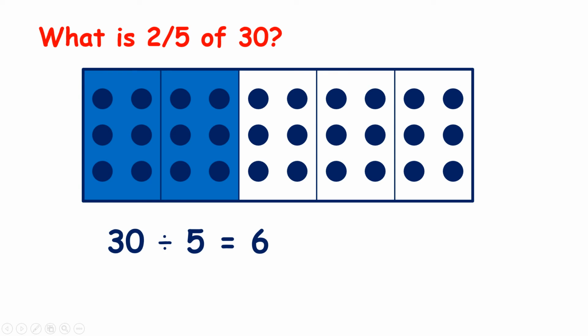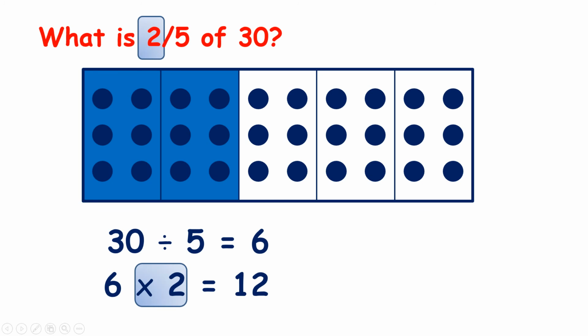So 30 divided by 5 is 6, which tells us 1/5, which tells us how many are in one of these groups. So we've divided by our denominator, and then we take that answer and we multiply it by our numerator. So 6 times 2 is 12. So 2/5 of 30 is 12.